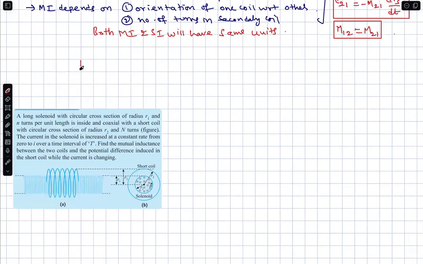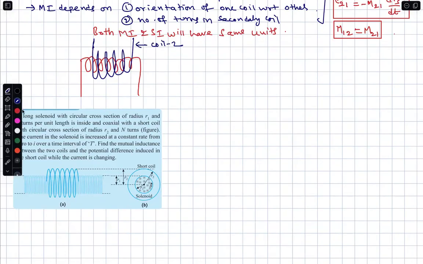This is coil 1. You have another arrangement like this. This is coil 2. This is coil 1.